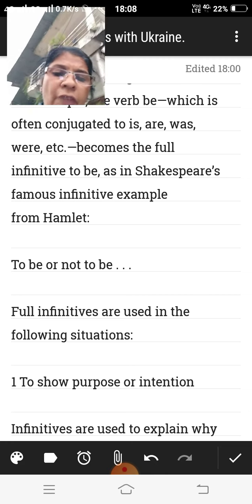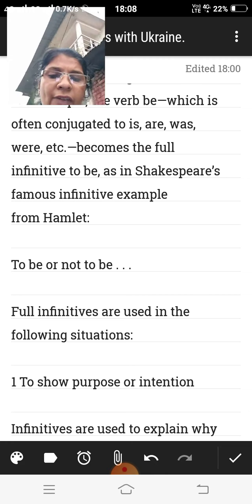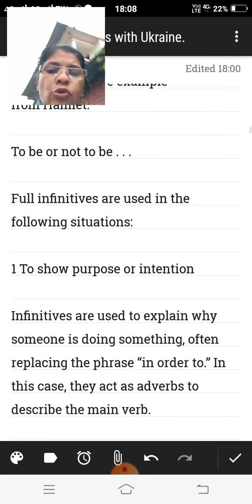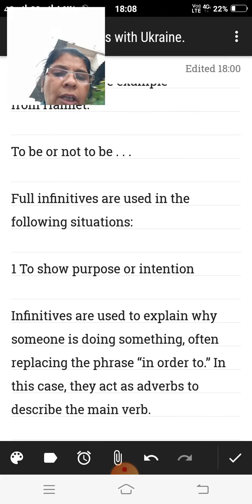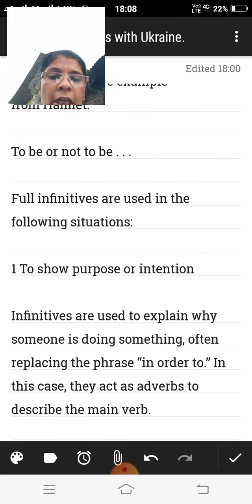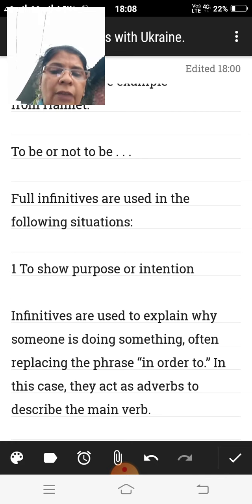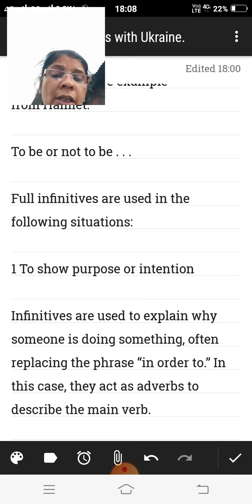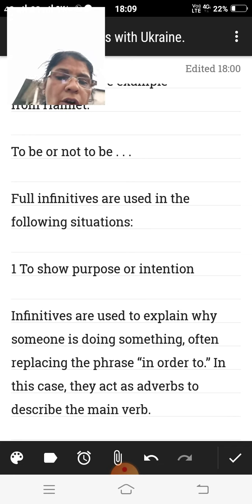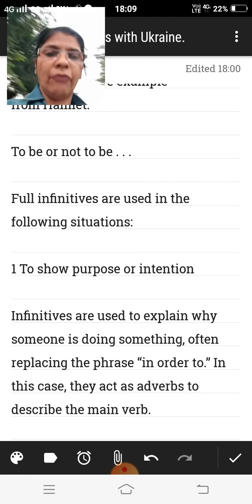Full infinitives are used in the following situations. To show purpose or intention: infinitives are used to explain why someone is doing something, often replacing the phrase in order to. In this case, they act as adverbs to describe the main verb.